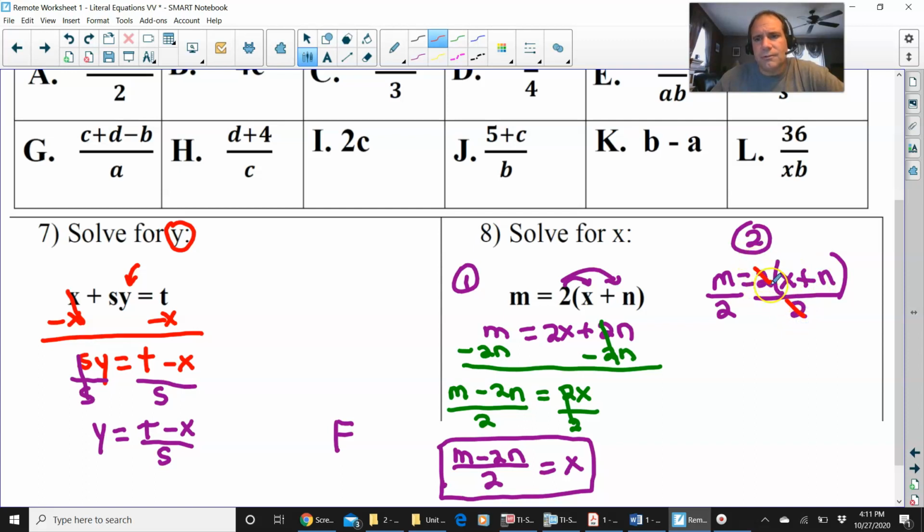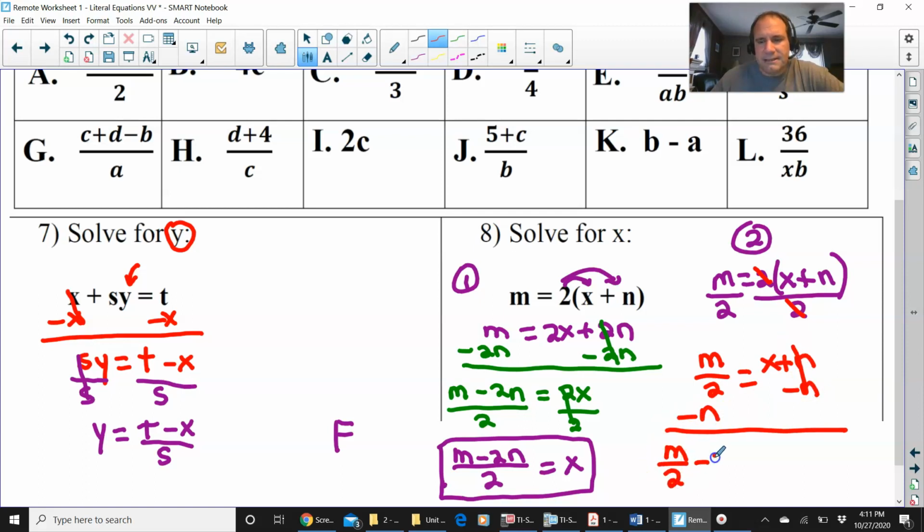You divide by 2 because you want the 2's to cancel, and then you have X plus N just on this side, and you have M over 2 equals X plus N. Then to solve for X, you would minus N on both sides, and the way you would get it is that it's M over 2 minus N equals X. All right, so this is the same thing as this, but this method here doesn't show you the reduced form of the answer, so I guess they would want you to do it this way.